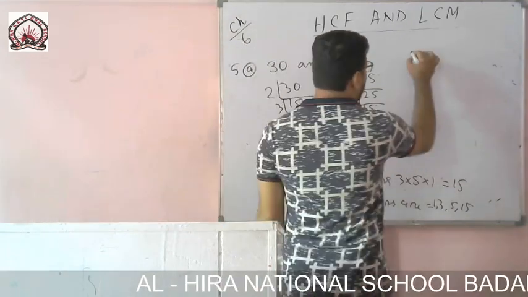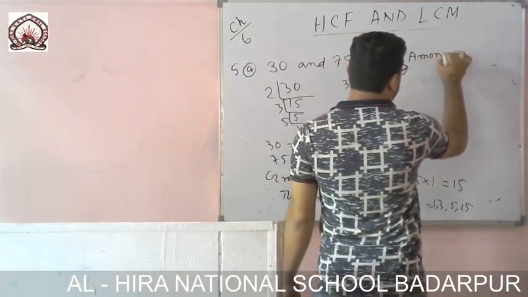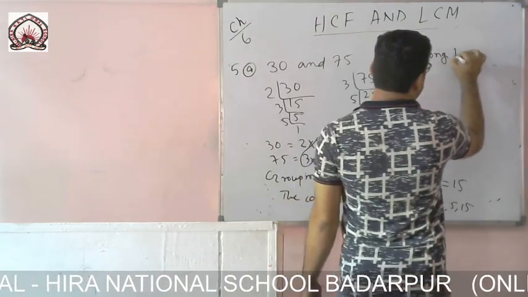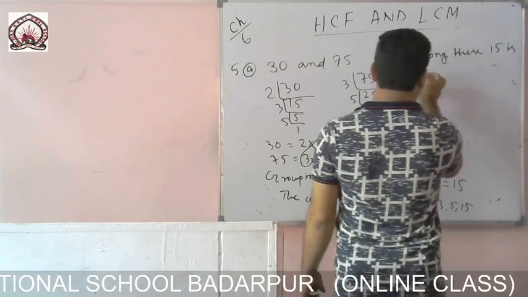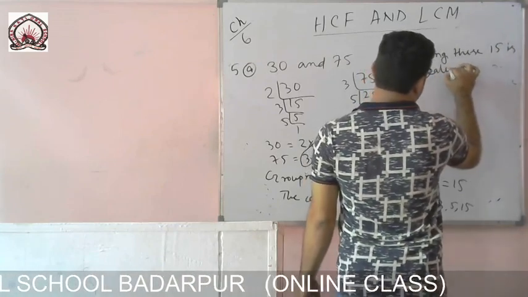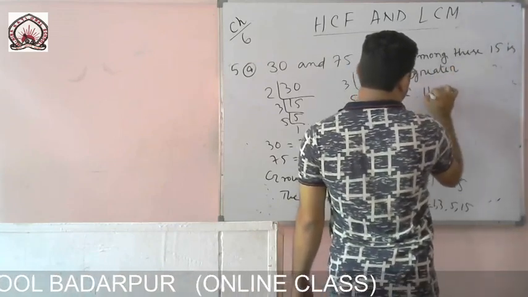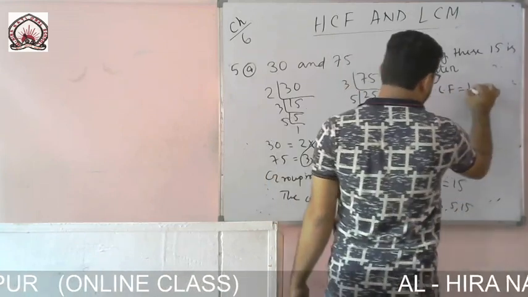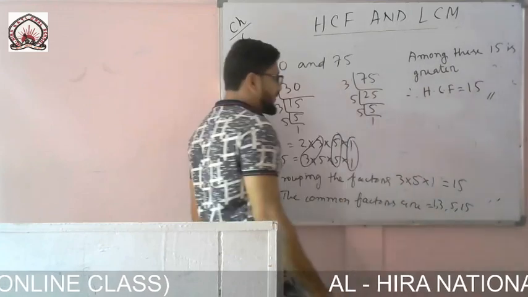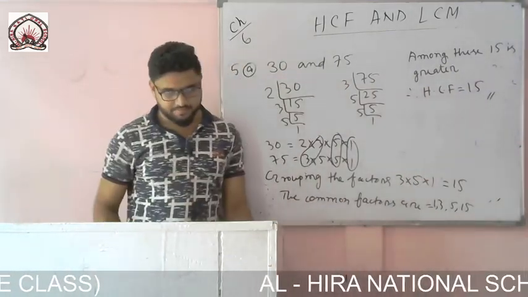So among these 15 is greater. Therefore, HCF equals 15.